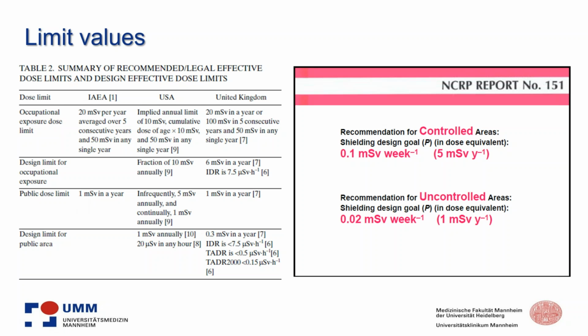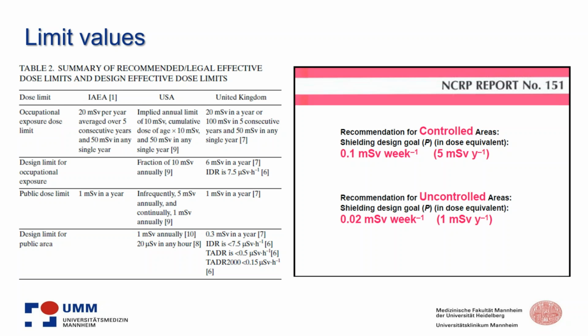Yeah, the occupancy factor has a high impact on whether this is a controlled area. Could you have free access to these areas or not? These occupancy factors are related to the limit values for specified areas.